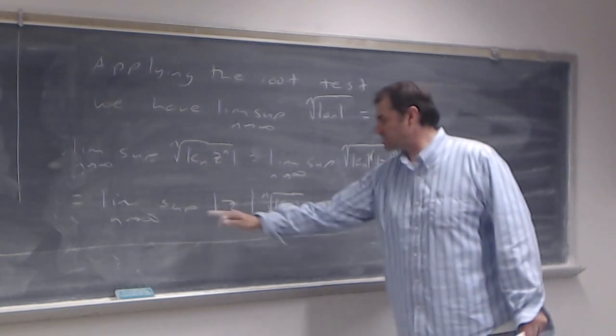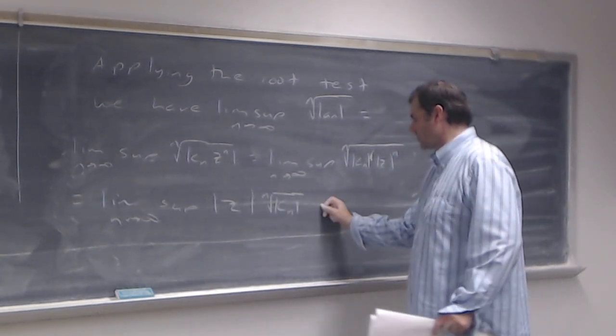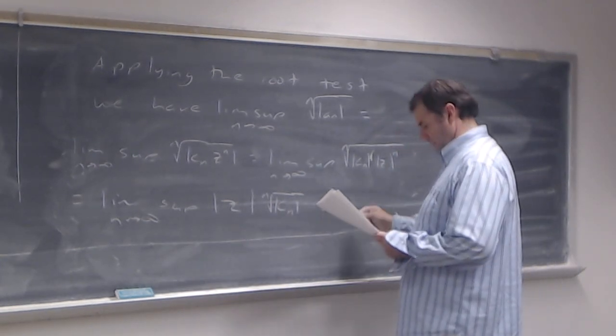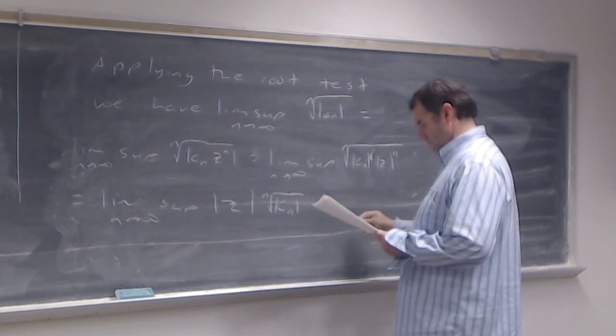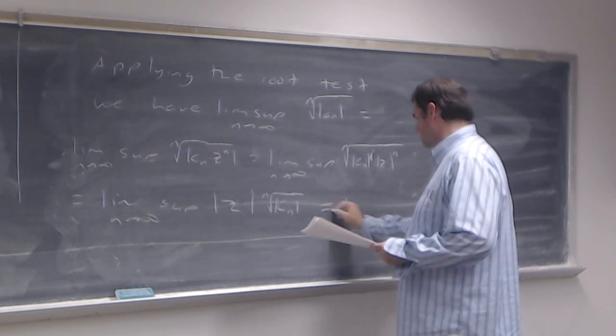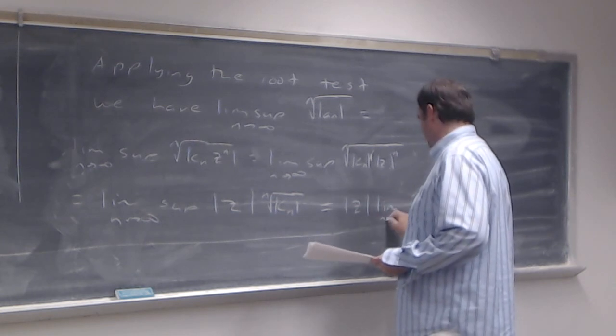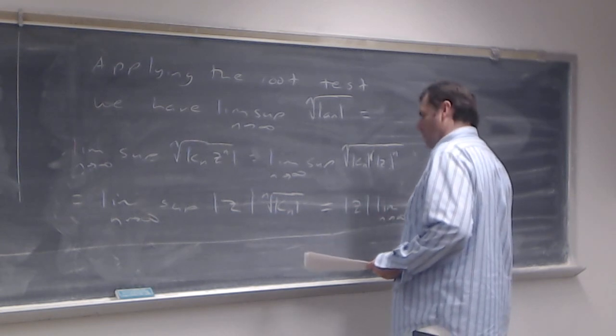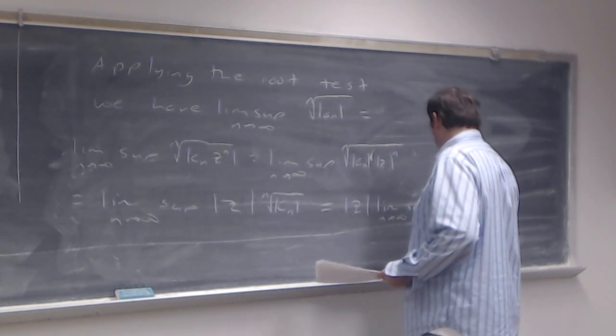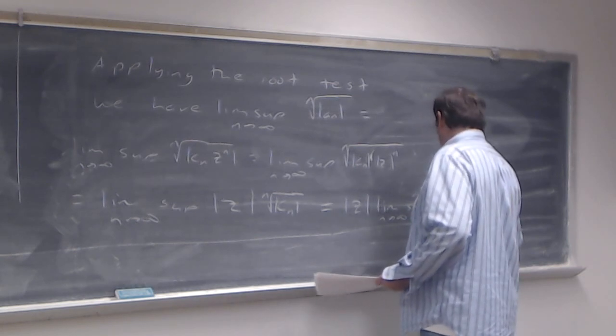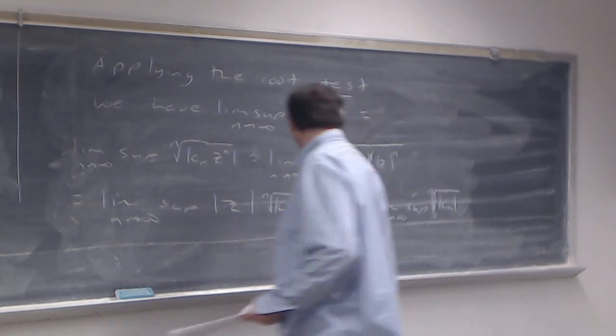Well, this is a constant with respect to n, and so this is going to be equal to the norm of z, or the absolute value of z, times the lim sup of the nth root of c sub n's inside absolute values.